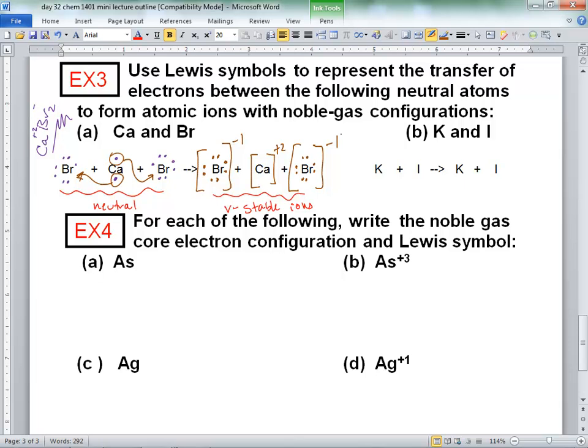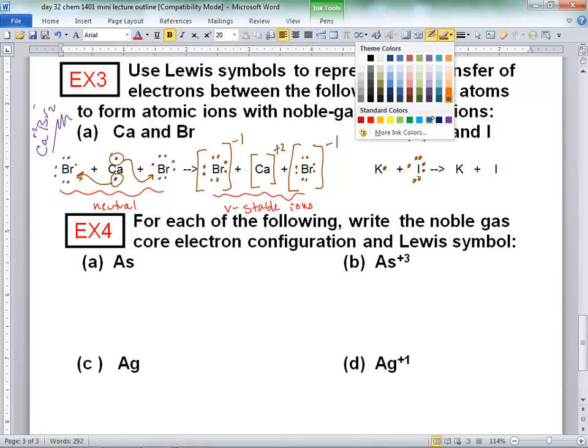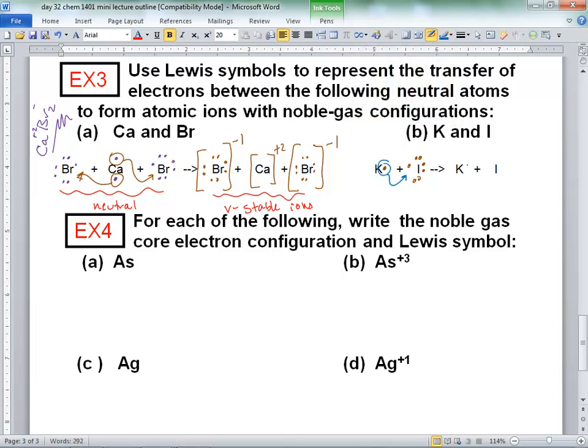Very good. Okay. In EX4, I changed C and D to Ag and Ag +1, so that's kind of different than what's in your book.